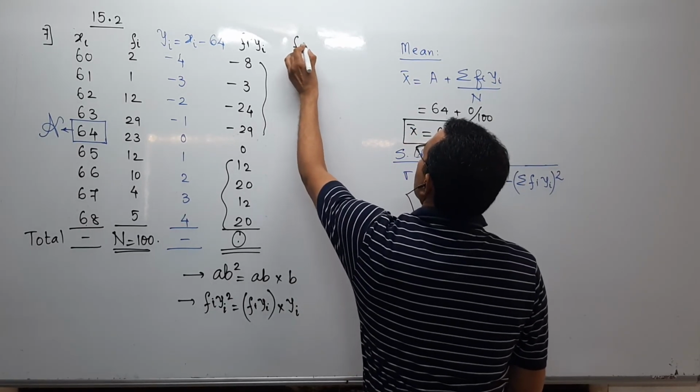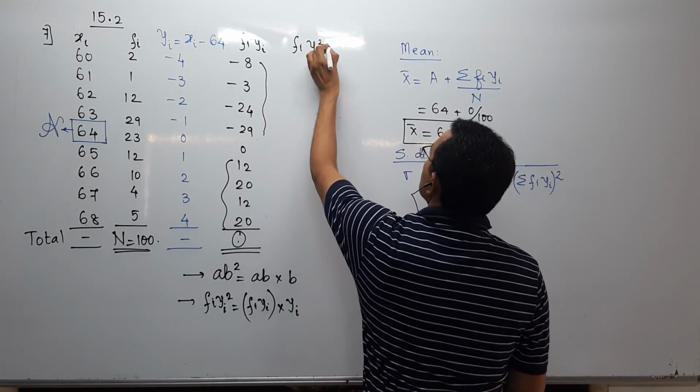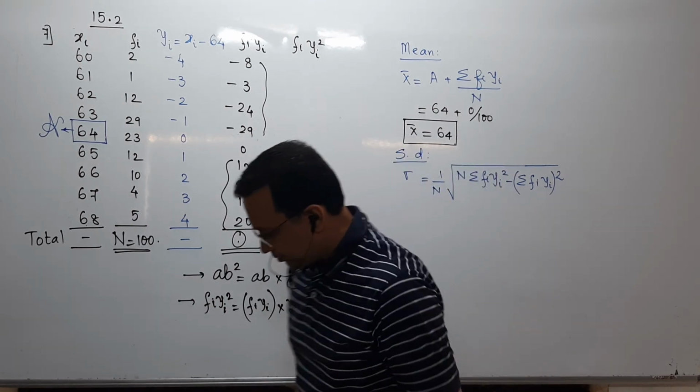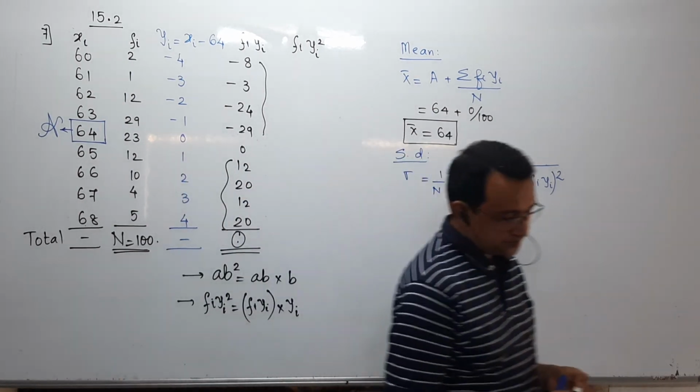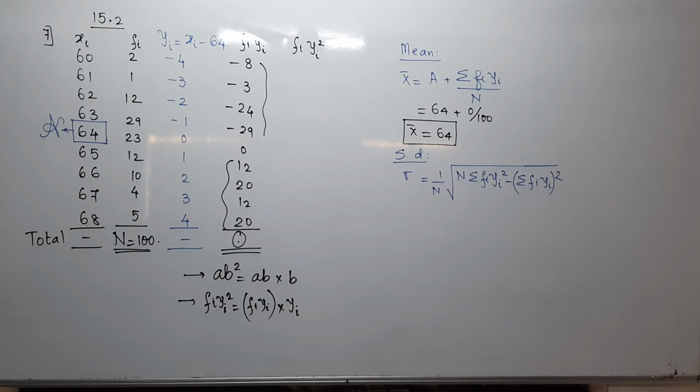So our final column in the sum is fi yi square. Which is that column, students? fi yi square.